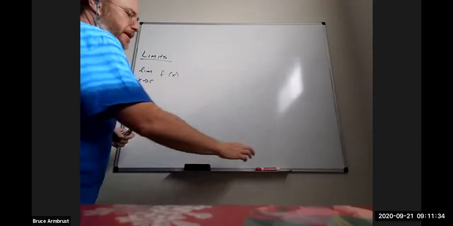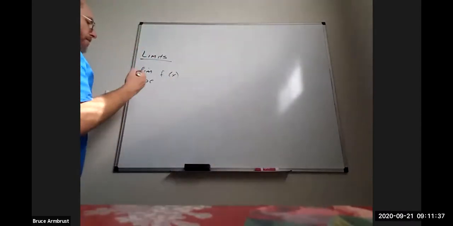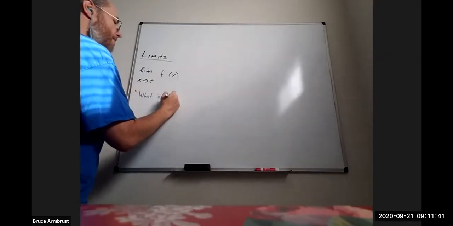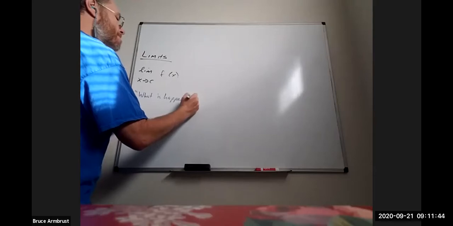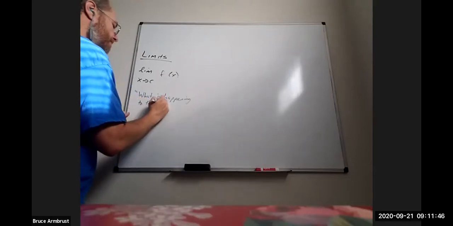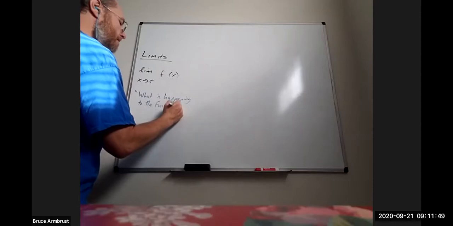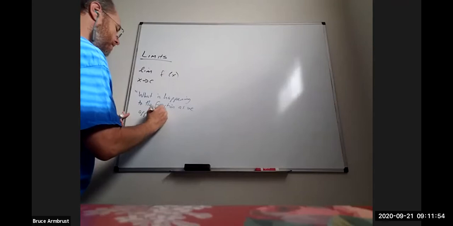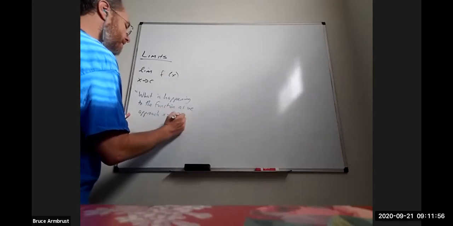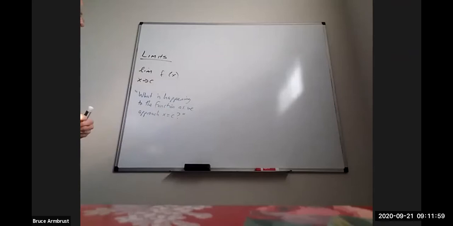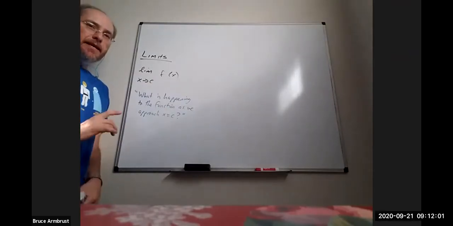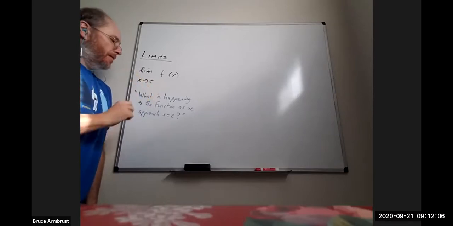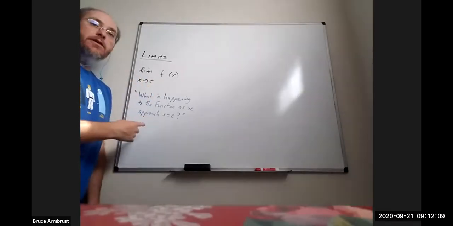In words, what we're really looking at is what is happening to the function as we approach x equals c. It's not what's happening at c. I don't care what's happening exactly at x equals c. I'm more concerned with what's happening as we get close to c.